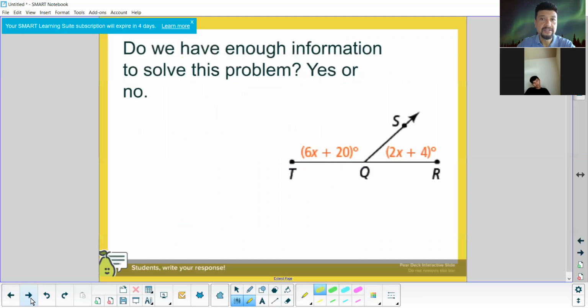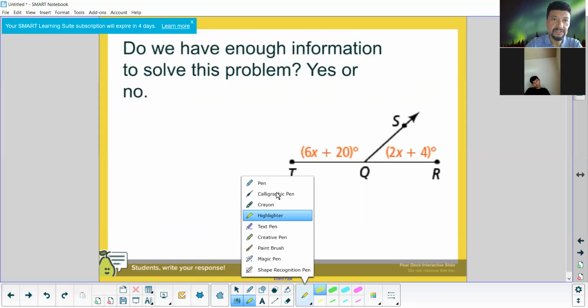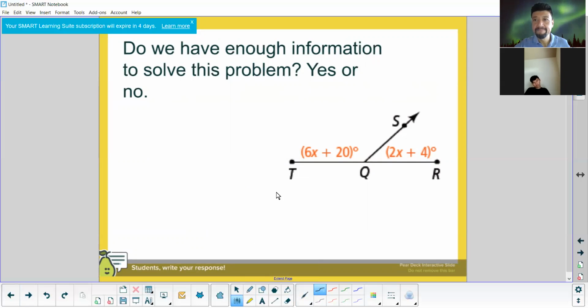All right, so now let's go ahead. So Marcus, go ahead and read this question and answer for me. Do we have enough information to solve this problem? Yes or no? Yeah, so I would say yes, because we have angles TQS, SQR, and TQR, because it's a straight angle, so it's 180.